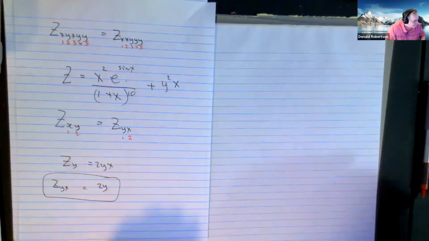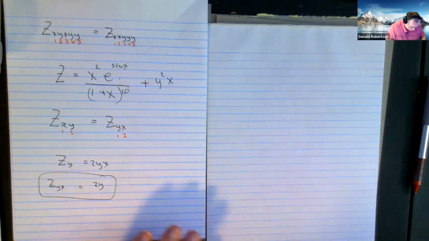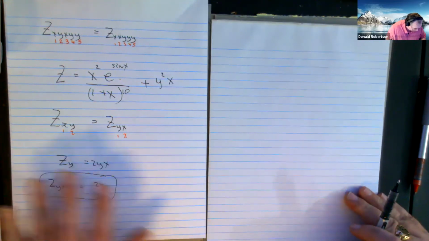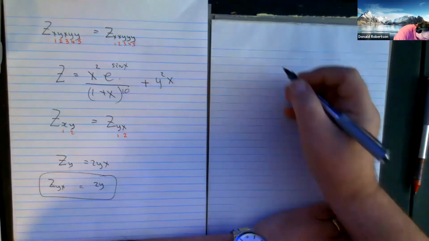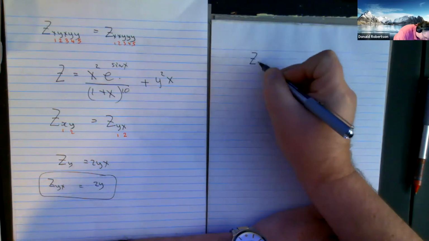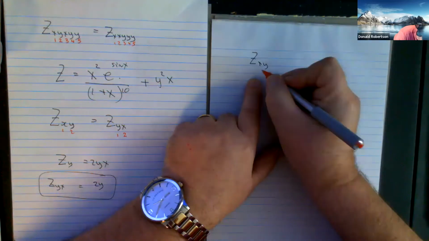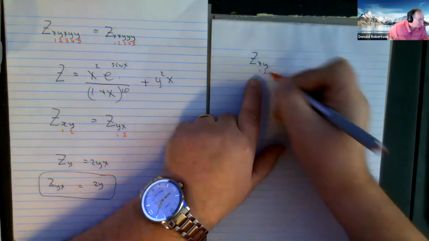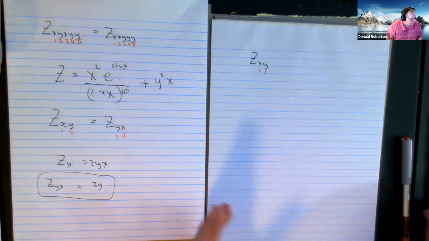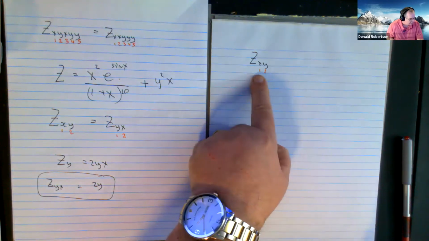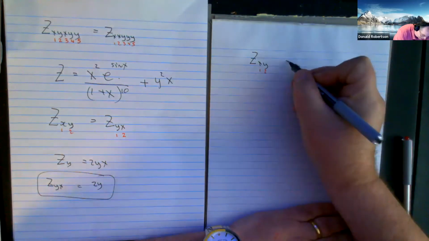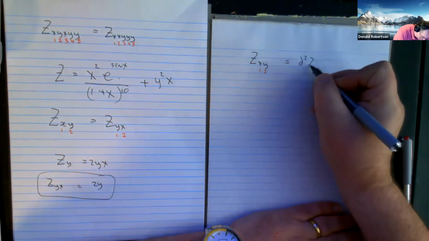Pretty cool. Now, there is a really annoying notation problem, so let's just get that out of the way. I love that notation. To me, it's easy to understand, right? X is first, Y second. Great. X is first, Y second. This notation, no good.